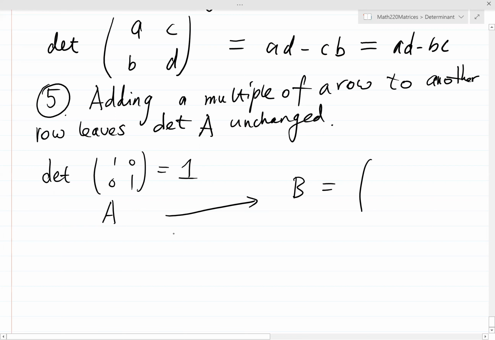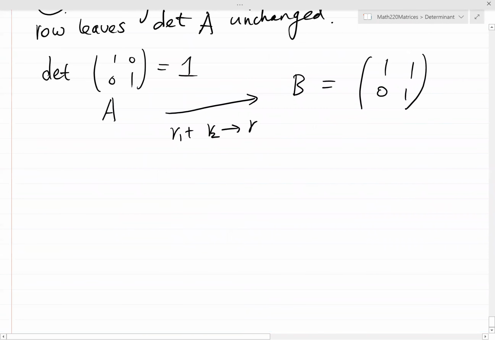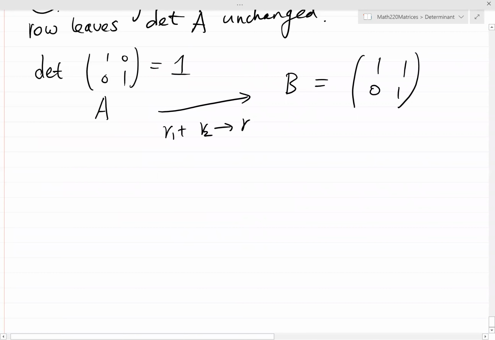We add twice R2 and replace R1. So B is obtained by adding a multiple of row 2 to row 1, and we get 1, 1, 0, 1. Okay, so the determinant of B.